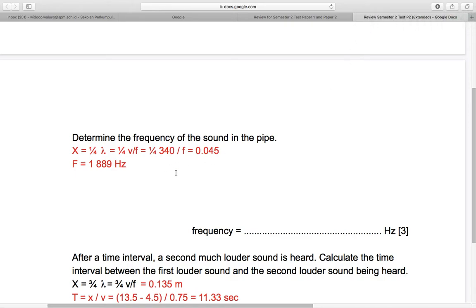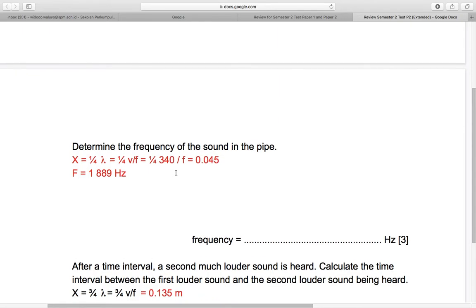Velocity is 340 meter per second divided by f, and x in meters is 0.045, dividing by 100. So we get a frequency of 1889 hertz.